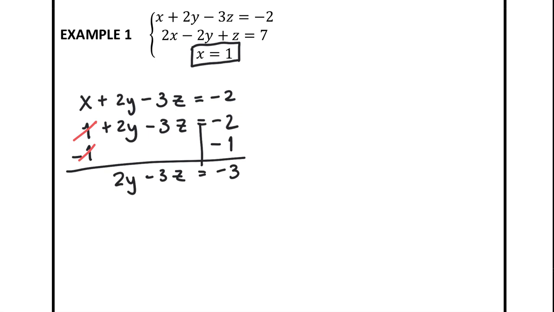Okay, then on the right side over here, I'm going to write the second equation, which is 2x minus 2y plus z equals 7. And again, I know that x equals 1, so can I replace it over here?